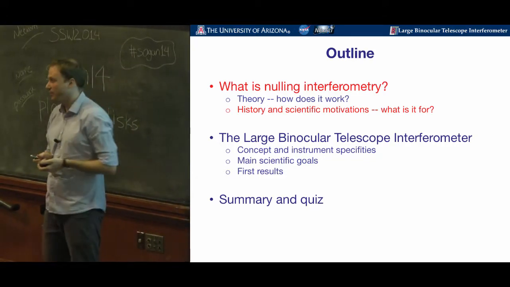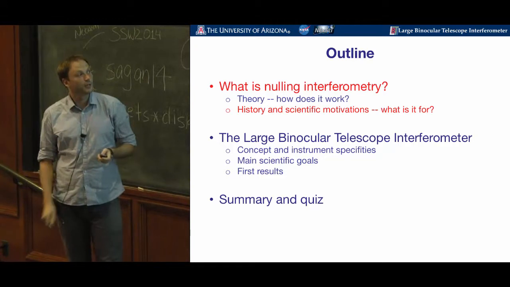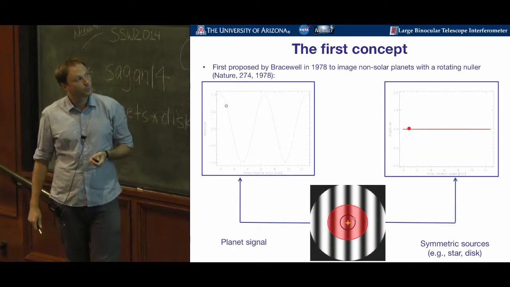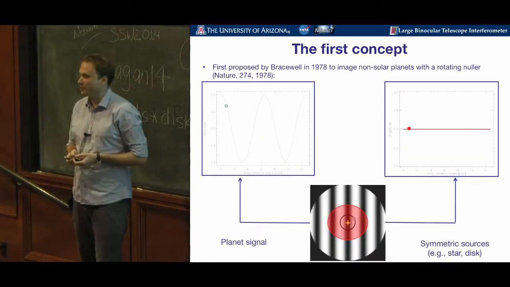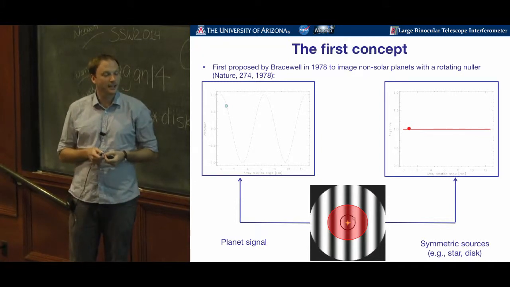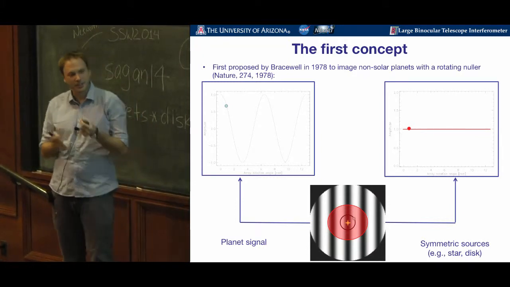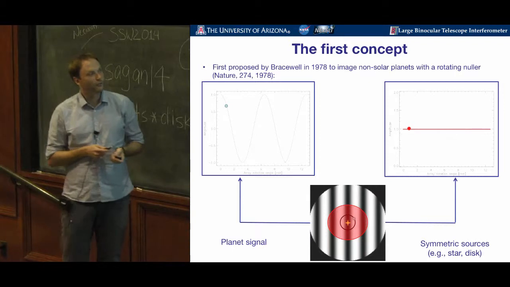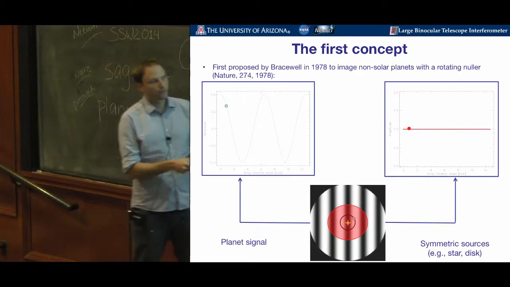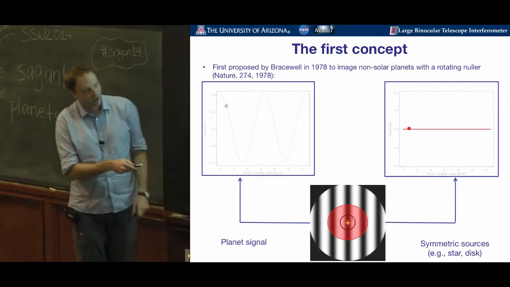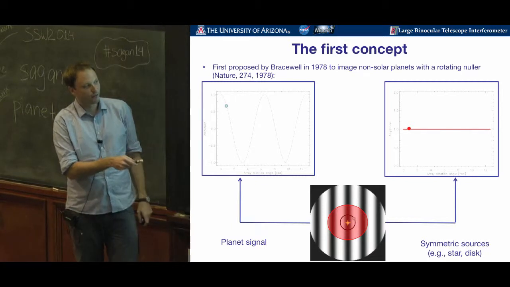A bit of history and science motivations for nulling interferometry. The first idea was proposed in 1978 by Bracewell, and the idea was to detect an extrasolar planet with a rotating instrument. So if you have here the transmission map of a 2-telescope instrument, you have a small planet here, and you have a disk, for instance.